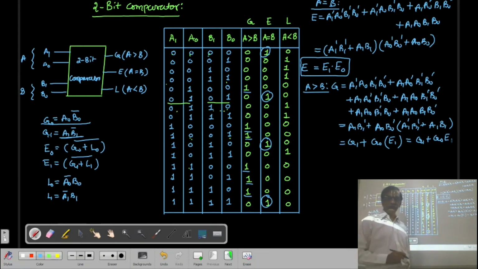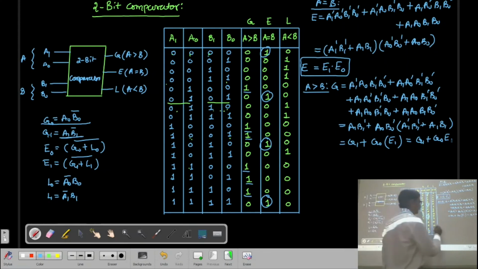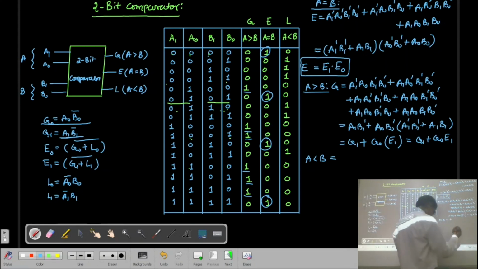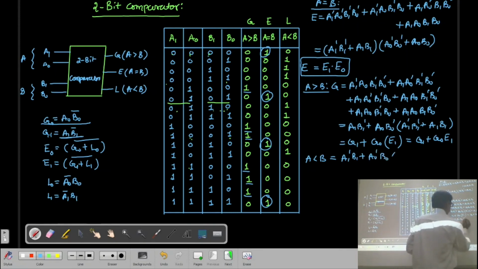Now the same way you can also write the expression for A less than B. I am not writing the complete expression, directly the final expression: A1' B1 plus A0' B0 into (A1' B1' plus A1 B1).